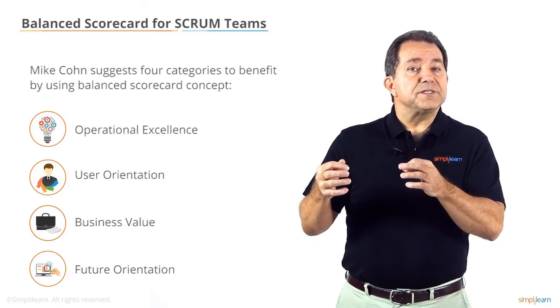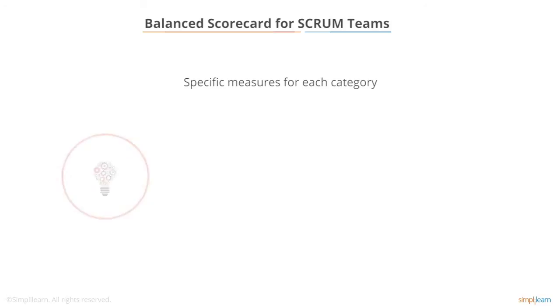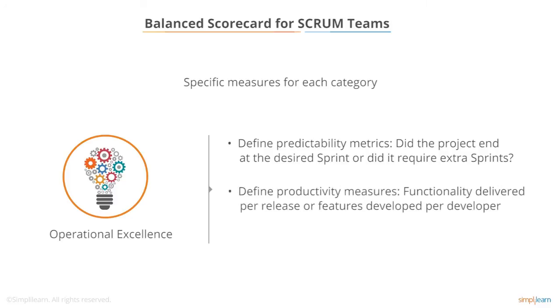We could define specific measures for each category. For example, as part of operational excellence, we could define predictability metrics such as, did the project end at the desired sprint, or did it require additional sprints? We could also define productivity measures such as functionality delivered per release or features developed per developer.